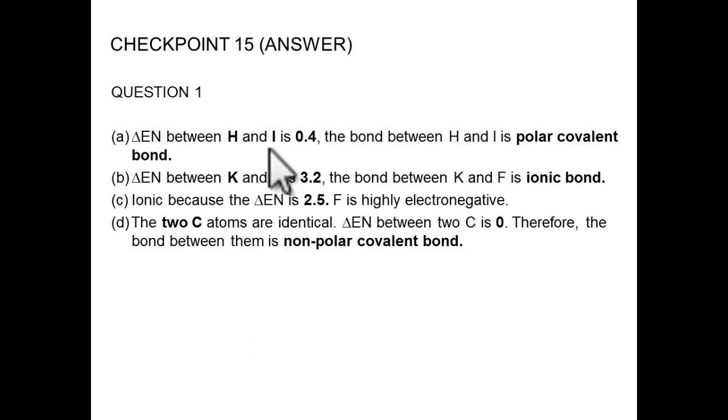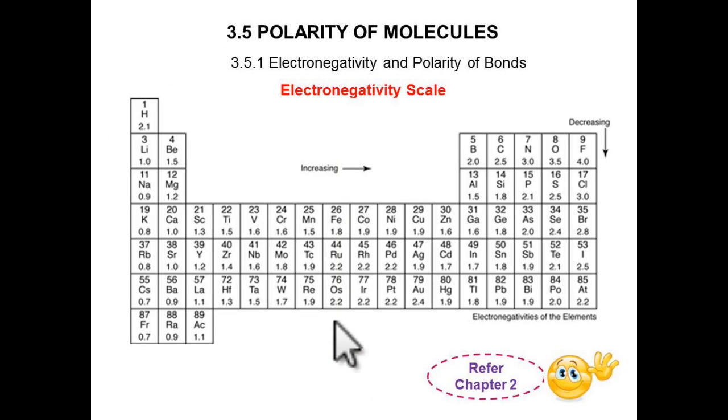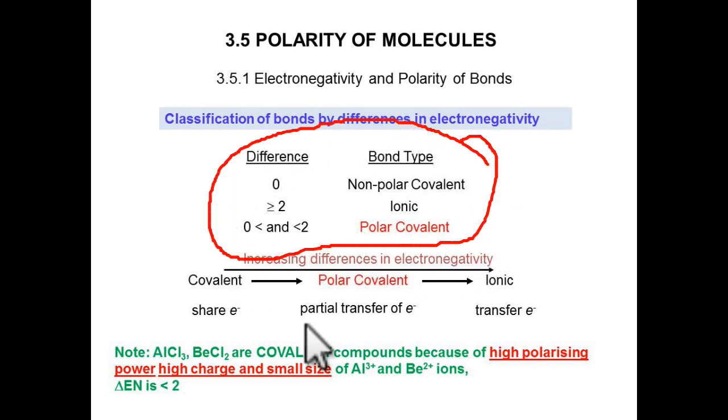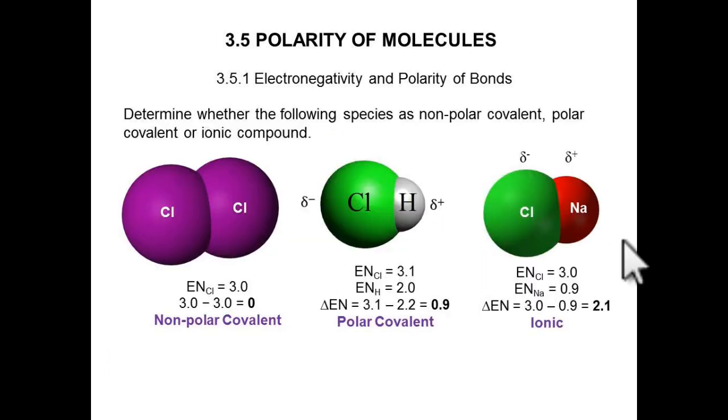So those are the answers. We know hydrogen and iodine: the difference is 0.4, and 0.4 falls under the category of polar covalent bond. I'm answering this question by referring to this particular table. So you must know this in order to answer that section.